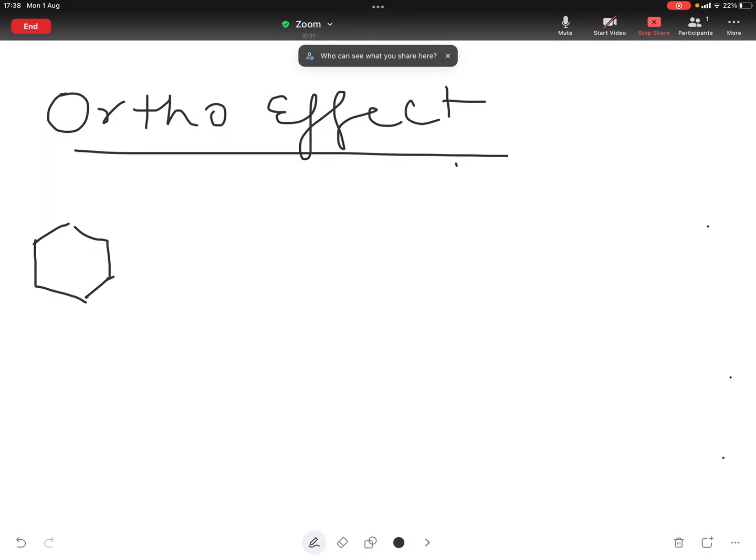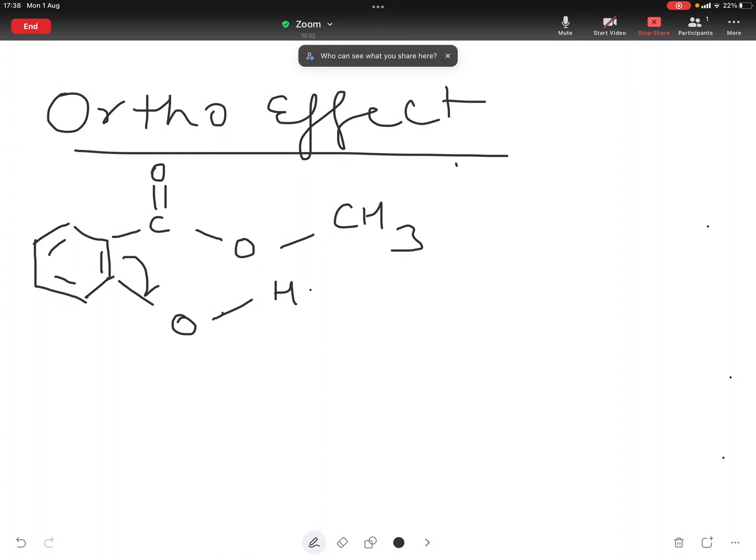This is methyl salicylate. This is how it occurs.